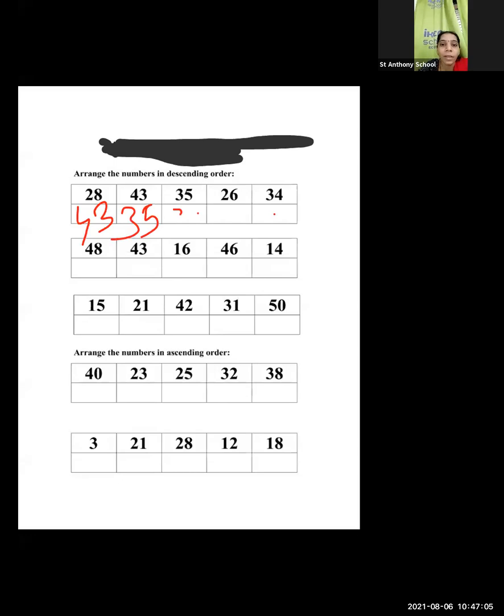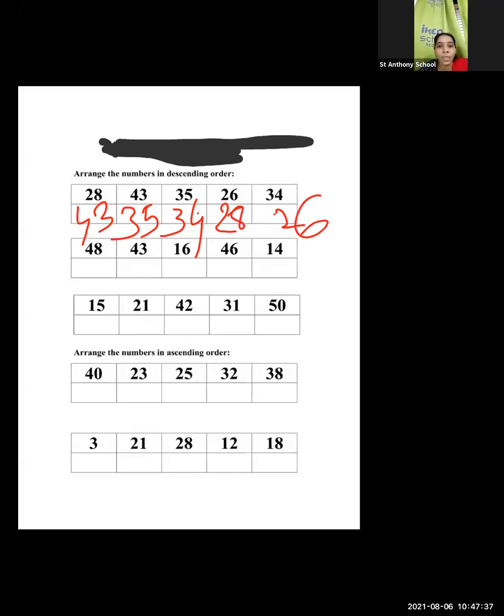Then 34. Now the next are 28 and 26. 28 is 2 tens and 8 ones, and 26 is 2 tens and 6 ones. So 28 is bigger than 26, so we write 28 over here, and the smallest is 26.